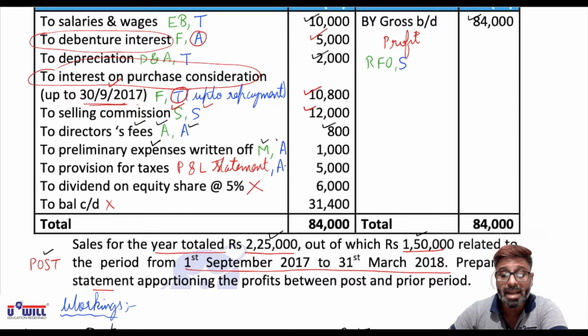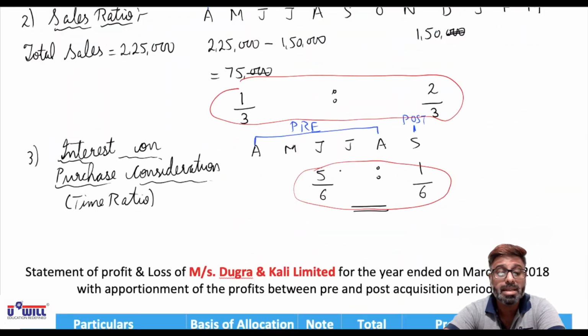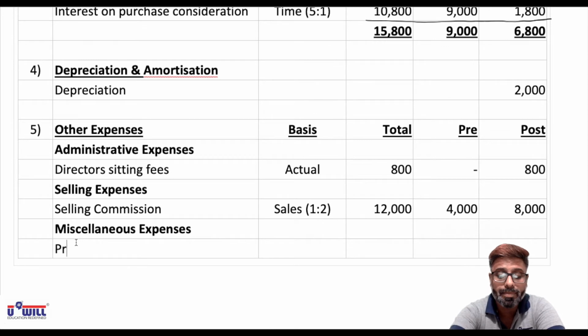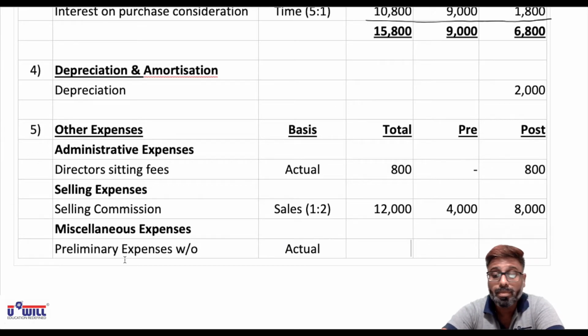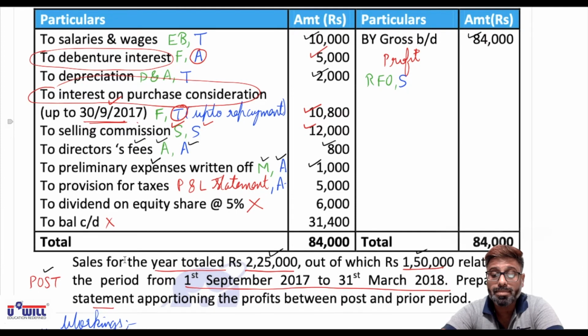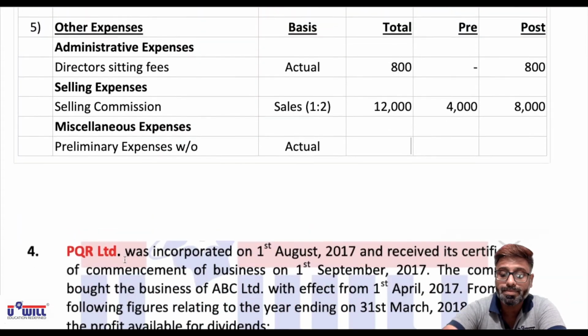Actual basis, it will go entirely in the post incorporation period. The amount is 1,000 rupees.